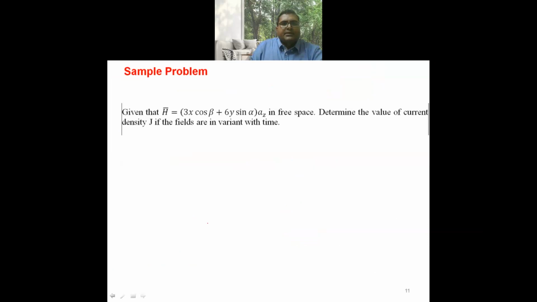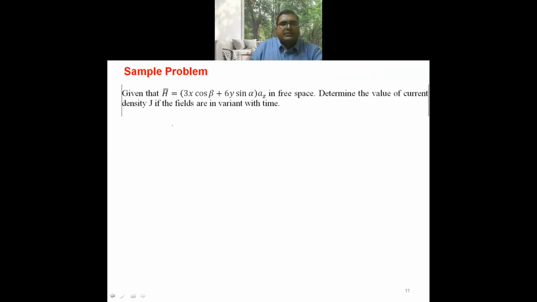Sample problem. Here, the magnetic field intensity is given in free space. You're supposed to determine the value of current density J if the fields are time invariant. If it is a time varying field, then what is the value of del cross H? J plus dou D by dou t. What type of field it is?